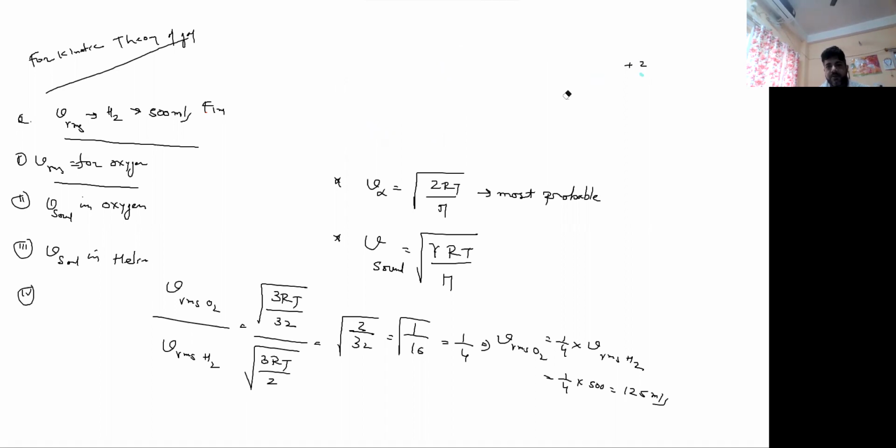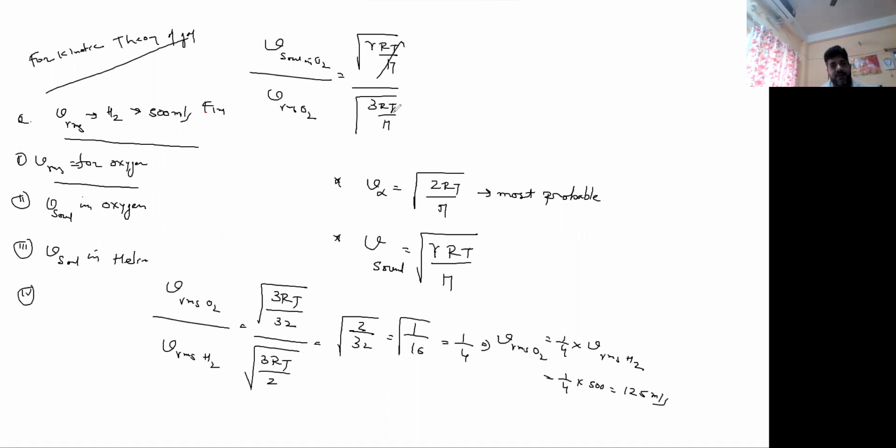Similarly, we can find out, next part of the question is find out the velocity of sound in oxygen. So you can compare velocity of sound in oxygen by Vrms of oxygen. The Vrms of oxygen you have, so you can write root under gamma RT by molecular weight same hai, and this is root under 3 RT by molecular weight.